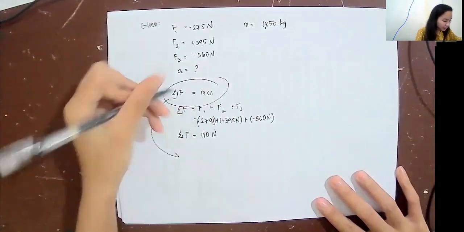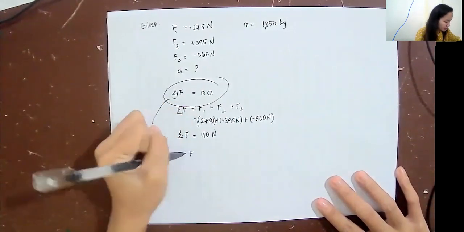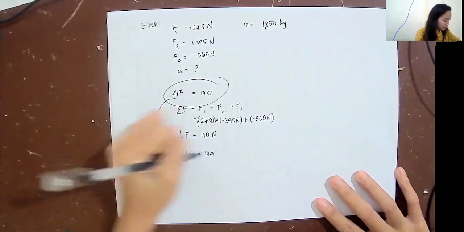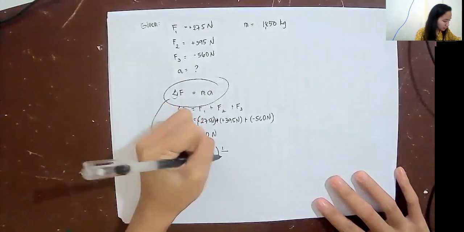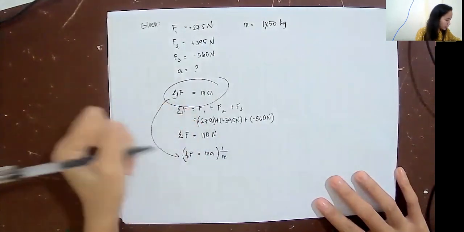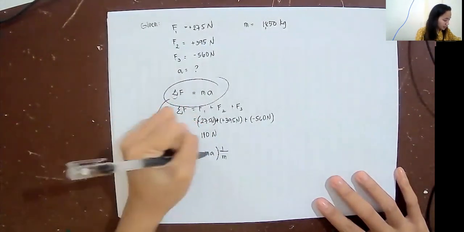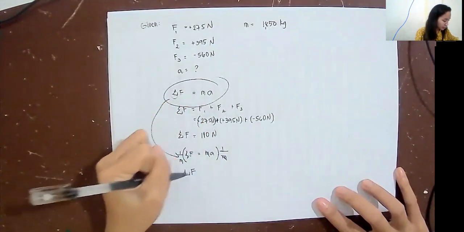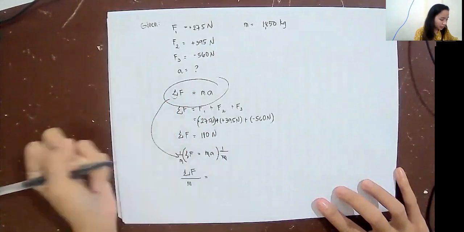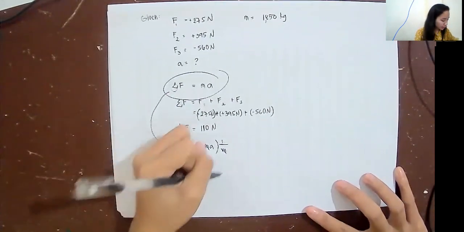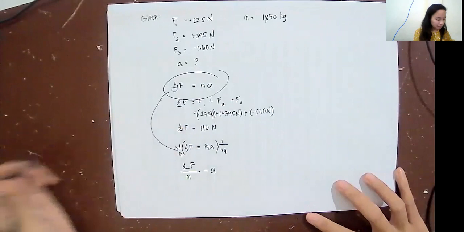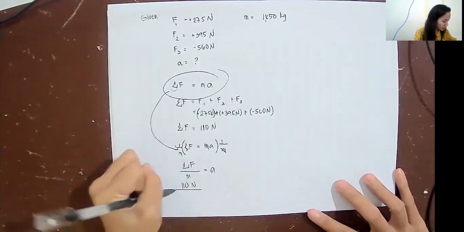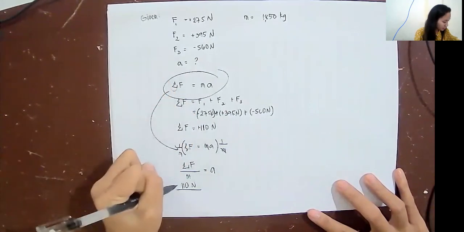So let's say this is F equals MA, and I will divide both sides by M, or multiply both sides by 1 over M, and then M will cancel on this side, so you will be left with A. So your acceleration is equal to the summation of forces divided by mass. And then you substitute, that's 110 newtons. This is positive.